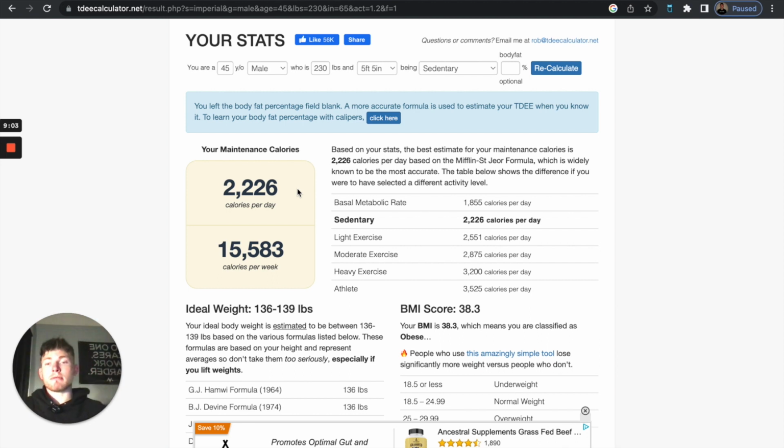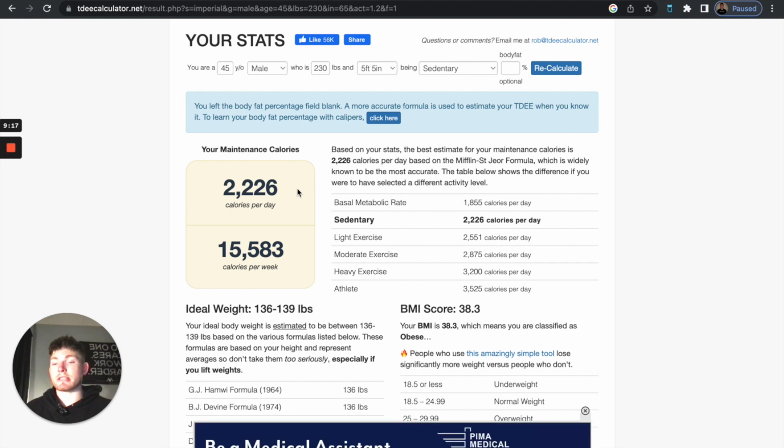But with most people, that's over a 700 calorie increase. So it's going to be hard for a lot of people to go from 1,500 all the way to 2,226 calories. So what I would recommend to make it easier on you, instead of going right into an increase of 700 calories, is to increase your calories slowly until you're comfortable getting to that calorie range.